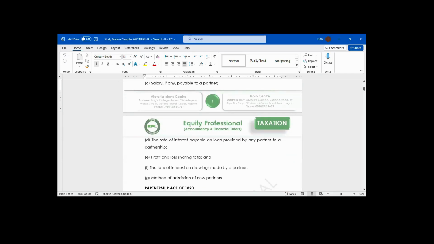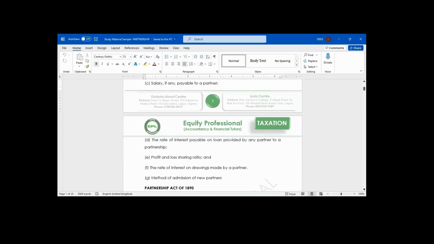The profit and loss sharing ratio is also part of the partnership deed. The rate of interest on drawing is also part of the partnership deed. The method of admission of new partner is also part of the partnership deed. All these are the contents of partnership deed.